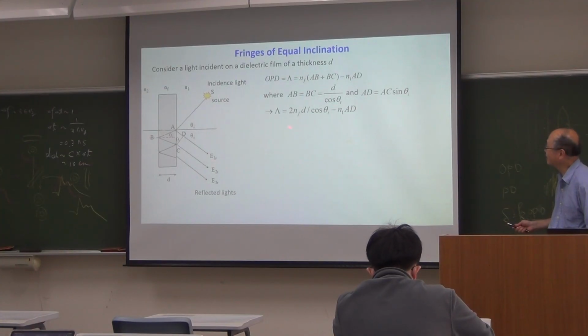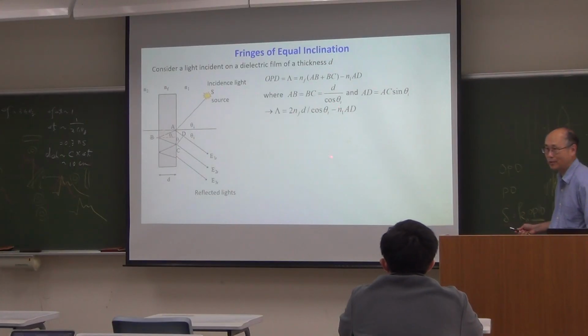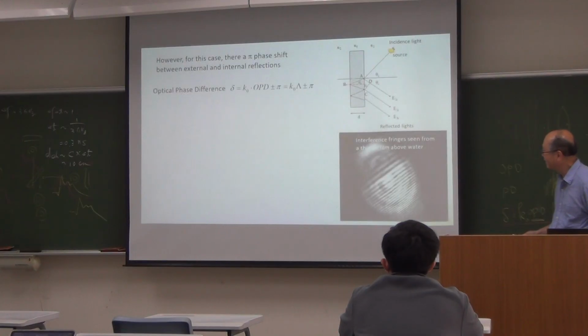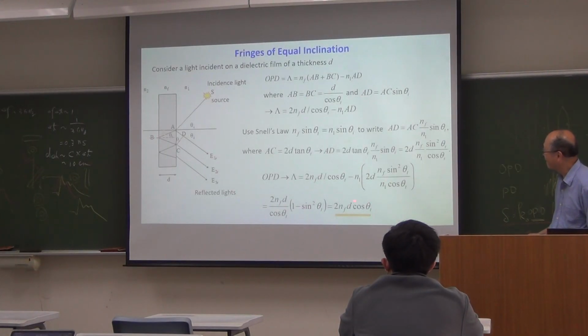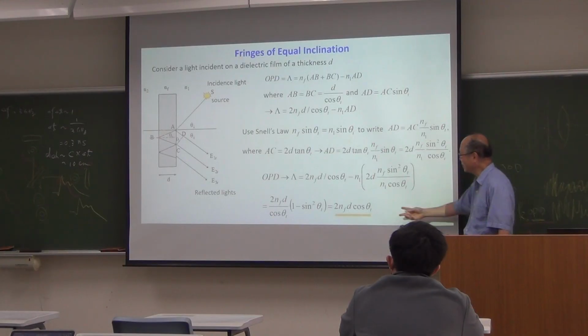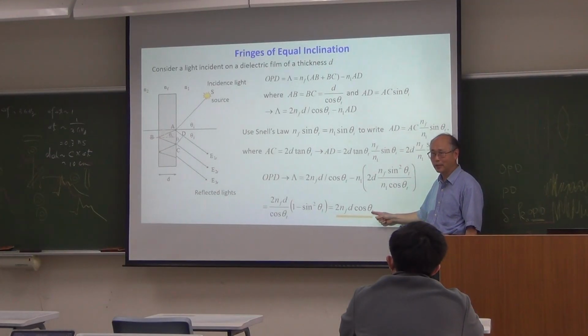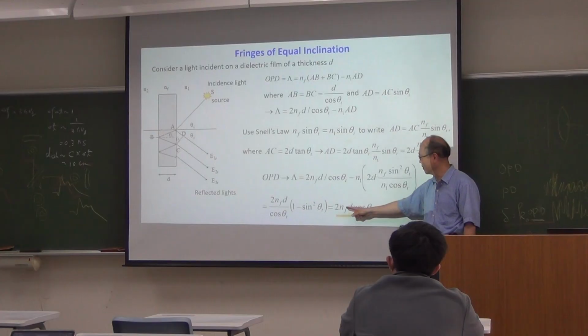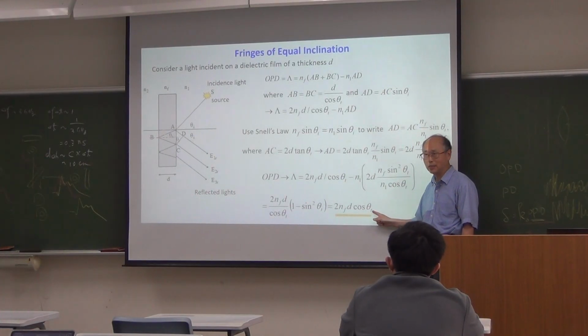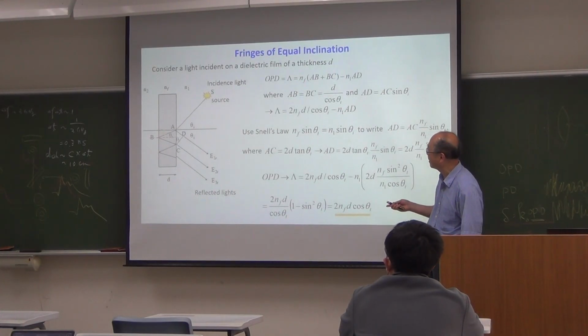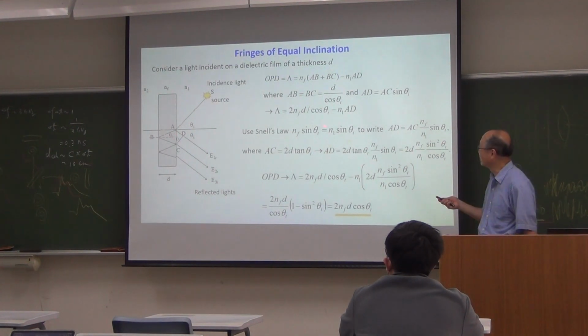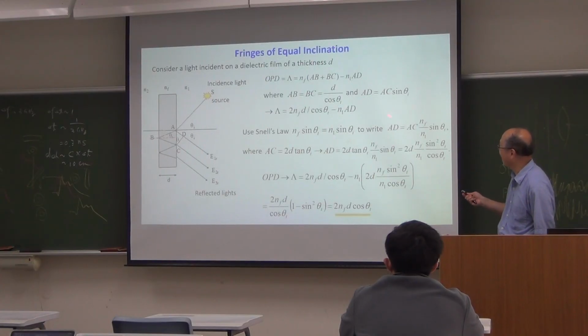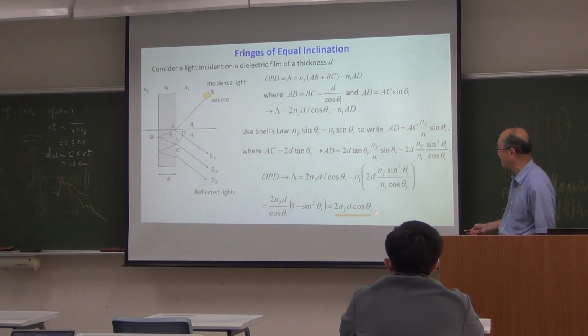So this page gives you step-by-step instructions for calculating this optical path difference to a very simple compact formula right here, 2 n_f d cosine theta t. Theta t is the angle inside this film. So all those things just help you get this very simple and compact formula for the optical path difference.